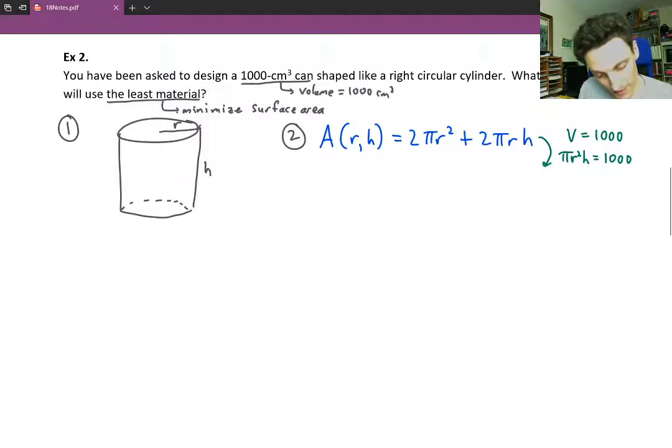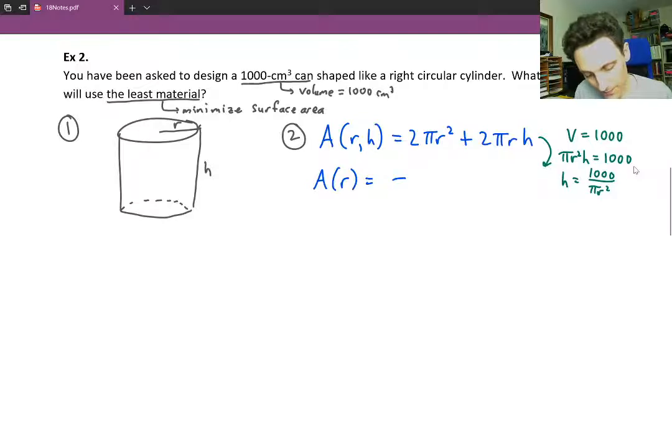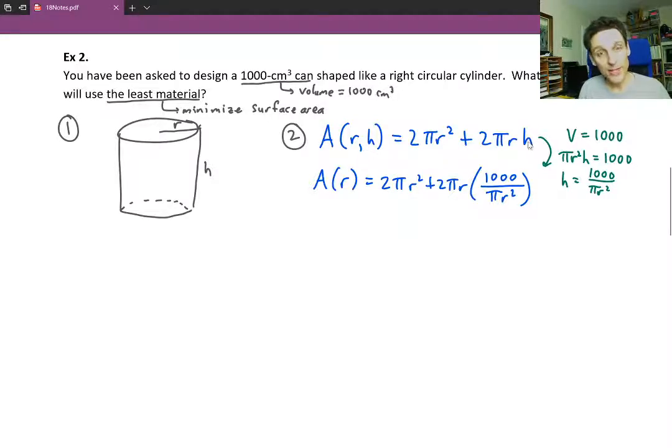So what we can do is take either r or h and solve for one or the other. Let's solve for h. H is nice here because there's only one h to replace. This is the only h we have to replace.